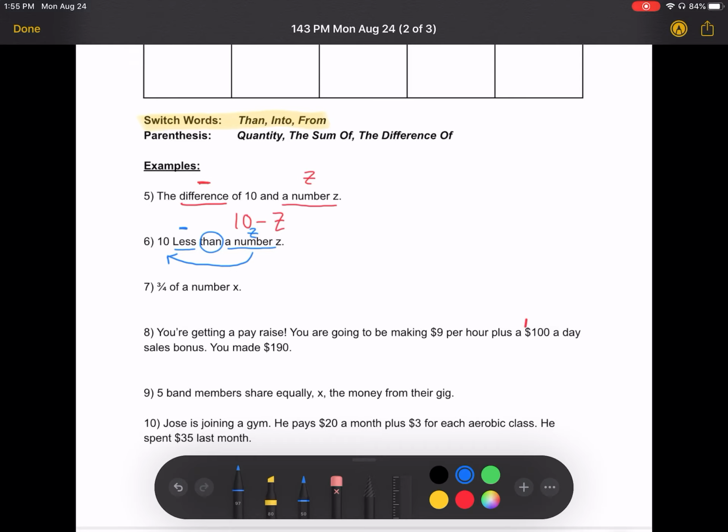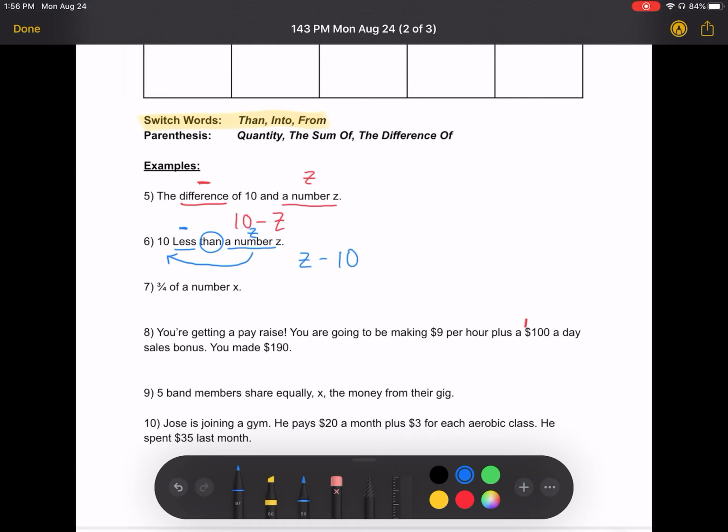And you can think of it like numbers. If I said that I have $5 and you have 2 less than me, then you have $3 because you have 2 less than me. So it switches that subtraction. So instead of 10 minus z here, we're going to say z minus 10.